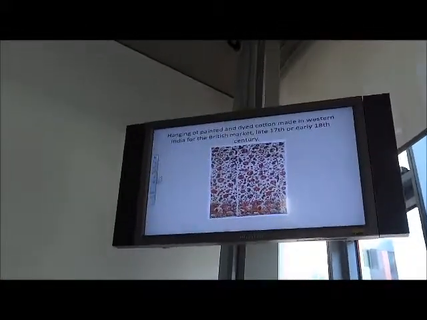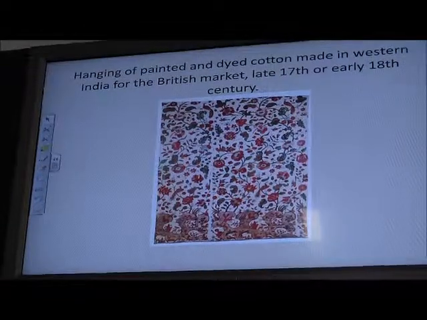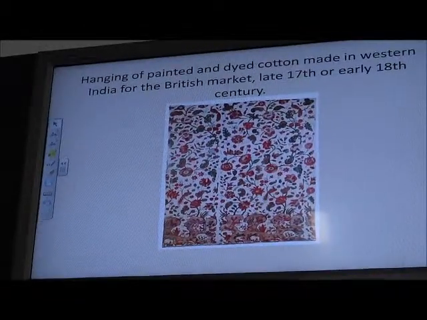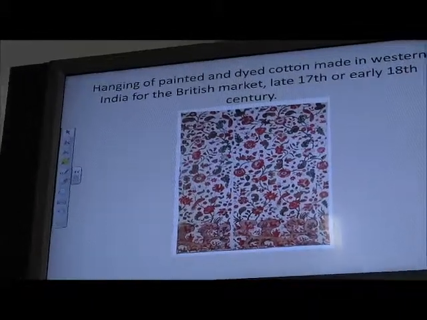But this is a classic example of the kinds of pattern they created for an English audience. So it's classically marketed for Britain because of the floral design and because of it being a pattern printed on a white background. That was the fashionable way to do it in Britain in the 18th century. So this is a hanging which is illustrative of those examples.